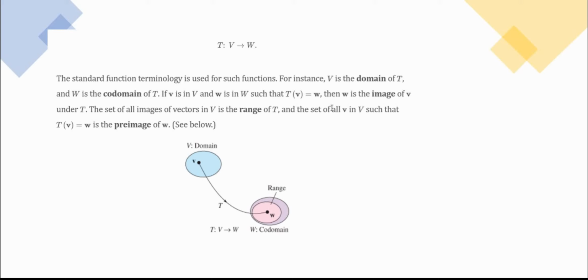And so you notice here how the range could be smaller than the codomain, and that's possible. We talk about later a function or transformation that's onto, and that basically means that the range is actually equal to W. So the function fills up all of where it's going. It fills up the vector space of where it's going to.